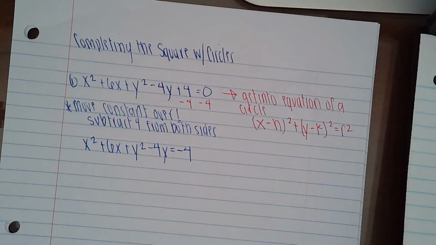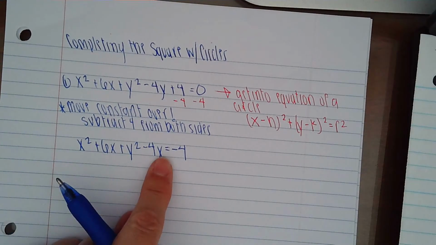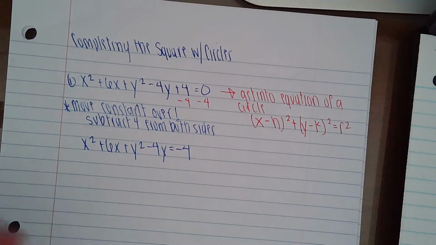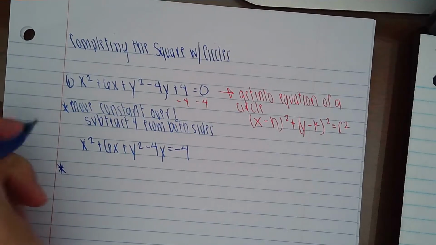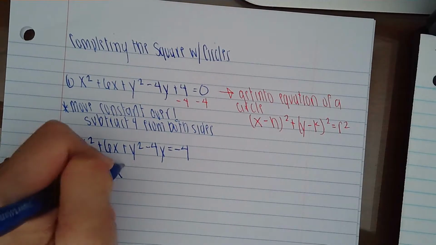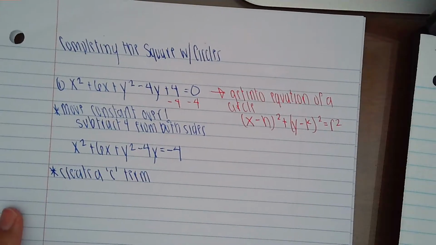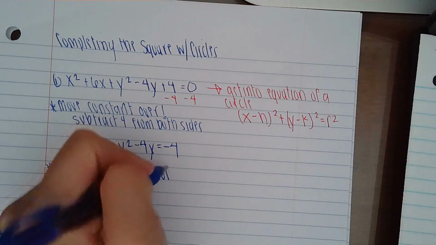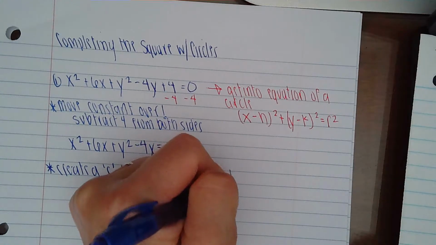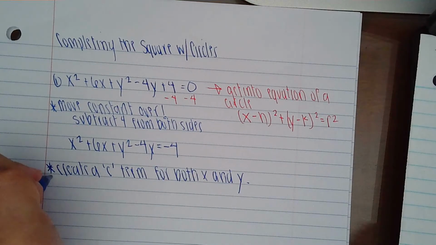Okay, then we need to create a c term for both of our x and our y values. Basically, we're creating two perfect square trinomials. So our next thing is we're going to create a c term for both x and y. We want to create two perfect square trinomials.